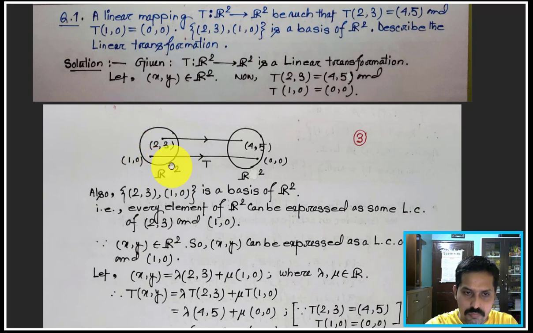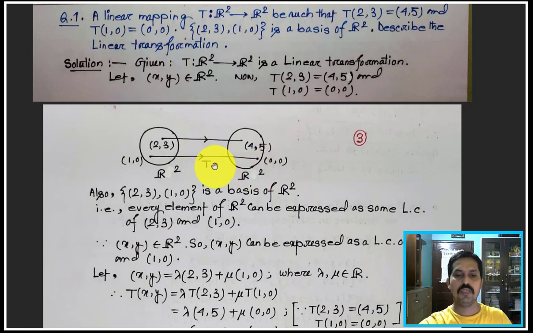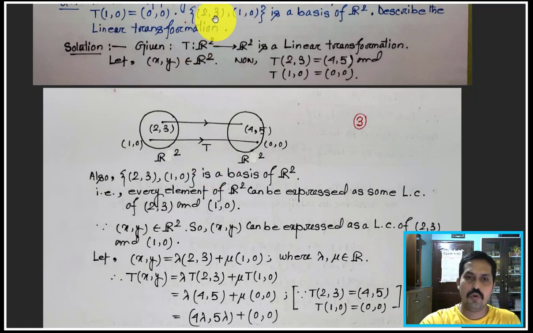This is our R2, the domain set V, and this is our R2, the codomain set W. Now (2, 3) and (1, 0) belong to this set, and (4, 5) and (0, 0) belong to this set. The image of (2, 3) is (4, 5) and the image of (1, 0) is (0, 0) with respect to the linear mapping T. It is also said that (2, 3) and (1, 0) form a basis of R2.